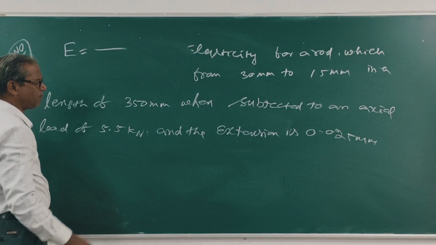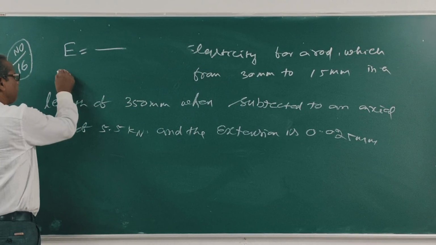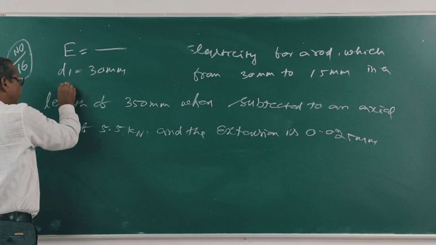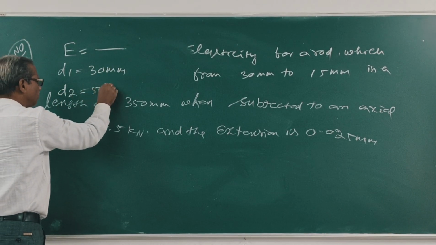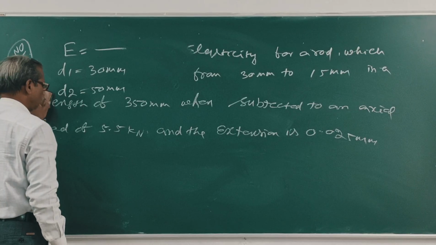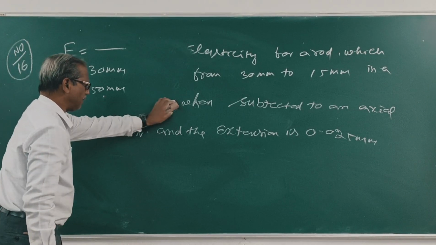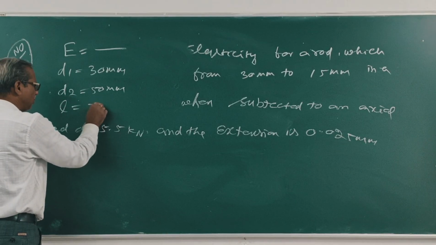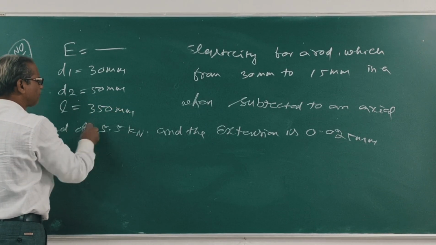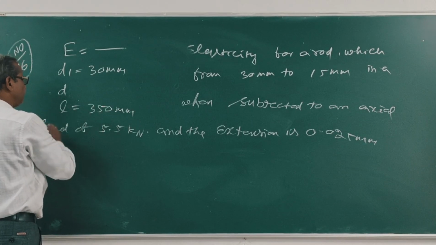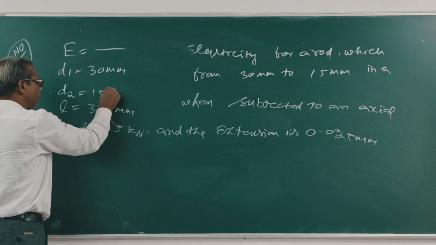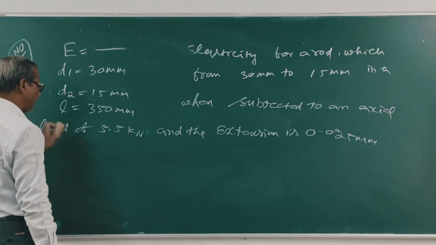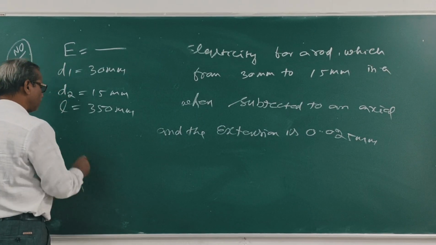When the rod tapers from 30 mm to 15 mm, D1 is equal to 30 mm, D2 is equal to 15 mm. For length of 350 mm, L is equal to 350 mm. Subject to load P, 5.5 kilonewton.